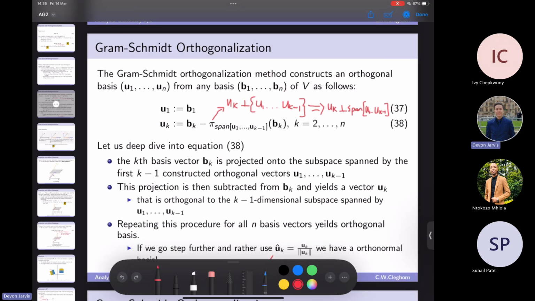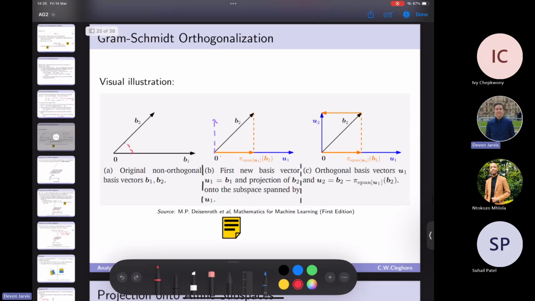And then secondly, none of them are going to make them collinear, all right? Because you're removing the component of U1 from B2. There's no way that that's going to push them to be more in line with each other. And you started with as many vectors as you needed, but no more. And so there's no way of you not having a minimal spanning set by the end of it.